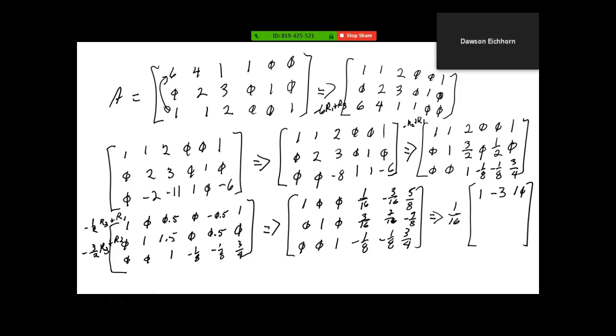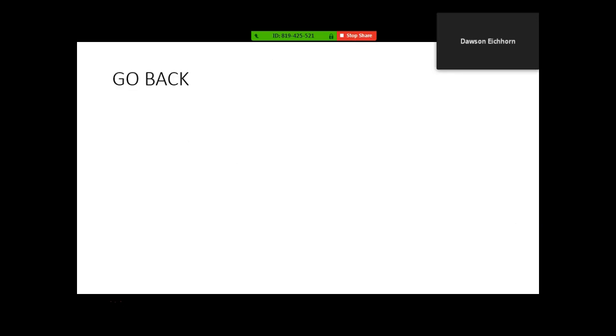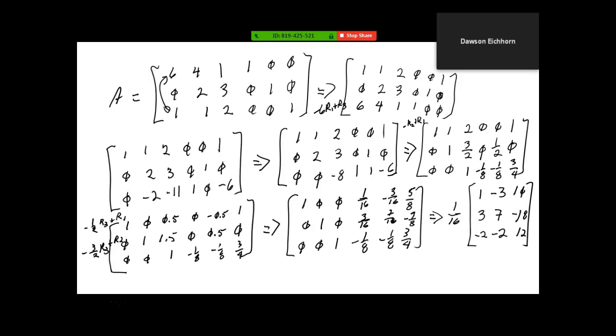Second: a 3, a 7, and a minus 18, if I can read my writing. Is that right? And the next is going to be a minus 2, a minus 2, and a 12.